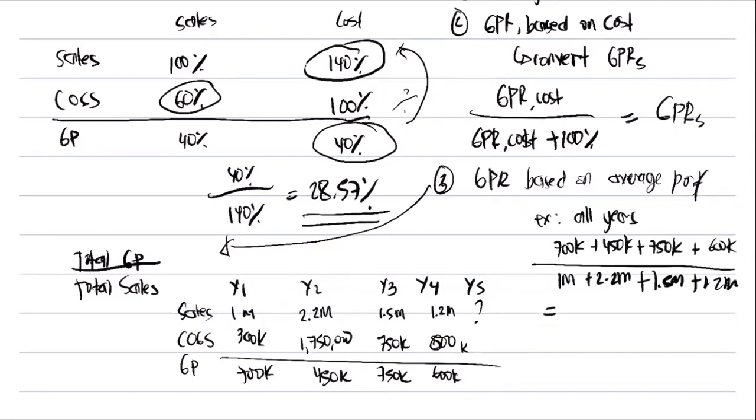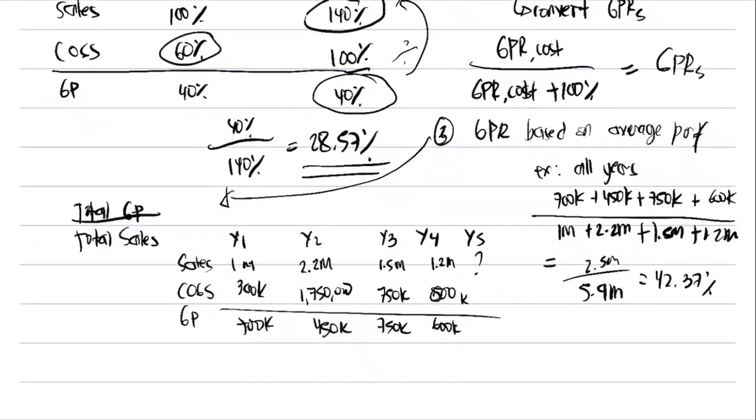So this will give us 1.2 plus 600, 1.2 plus 1.3, 2.5 million divided by how much? 2.5, 4.7, 5.9. Tama ba? 2.5 divided by 5.9 million. So what is our rate? 2.5 divided by 5.9 will give us a rate of 42.37%. So yan yung ating gross profit rate. If ever sabi niya, based on average performance.